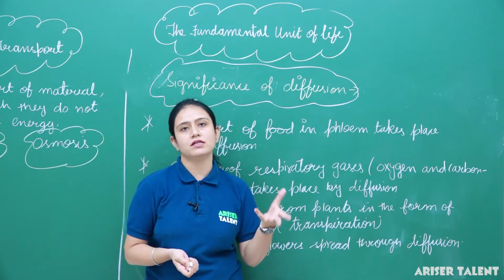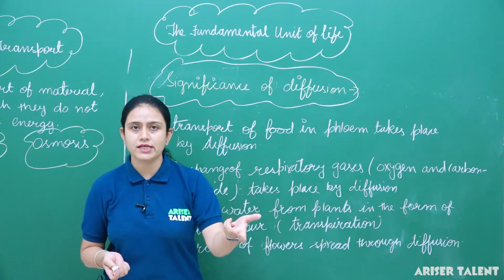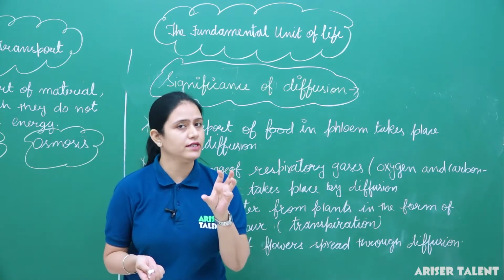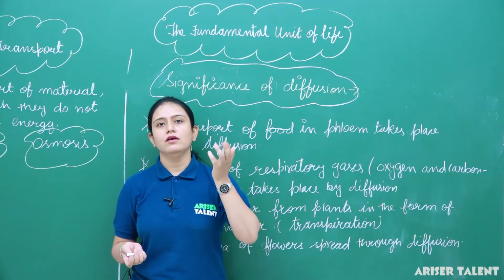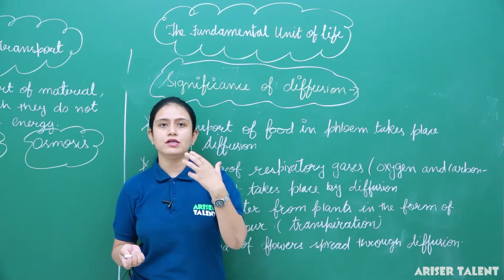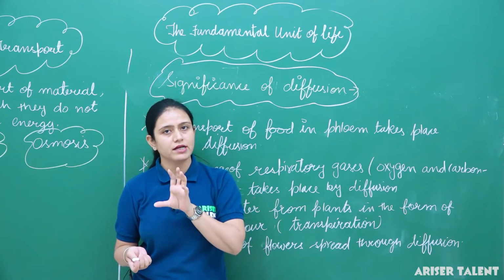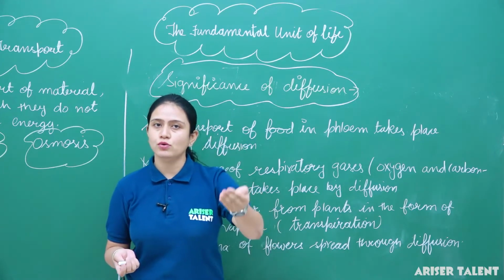Why? Because once carbon dioxide has collected inside the body cell, it has a higher concentration there than outside, so carbon dioxide moves from the body cell to the outer environment.